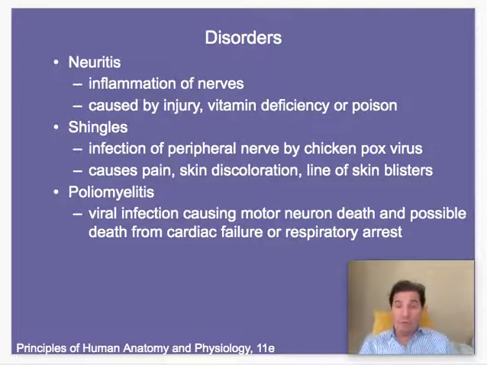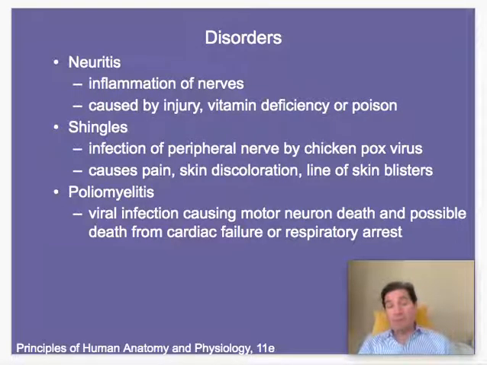It affects your peripheral nerves and causes your skin to have hard lesions that are very painful, discomforting, and highly contagious. If you come in contact with patients that have shingles, you have to be careful to avoid exposure that could cause you to contract it and get chickenpox again.